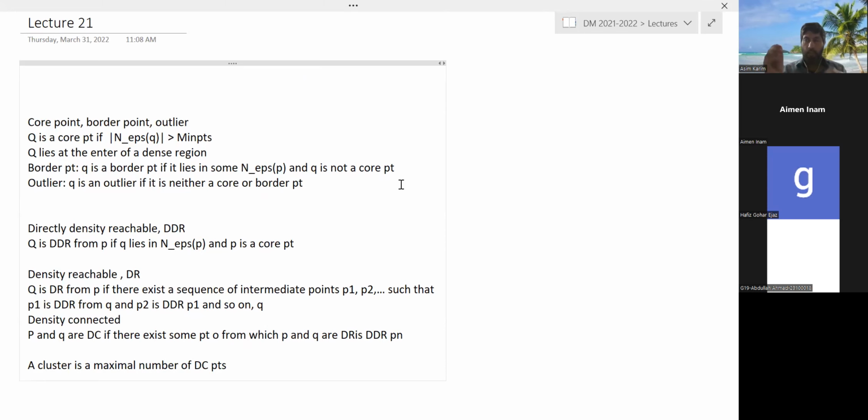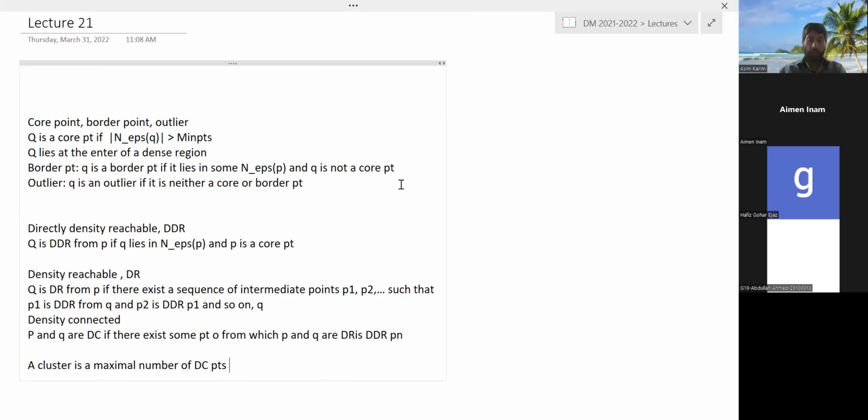Okay? EPS and min points are the two important parameters. Based on those parameters, we are grouping points to form clusters. That grouping is based on the notion of density connectivity, and density connectivity is based on the notion of density reachable. And of course, density reachable is a relaxed version of directly density reachable. Directly density reachable, of course, is one region. So density reachable could be multiple regions.